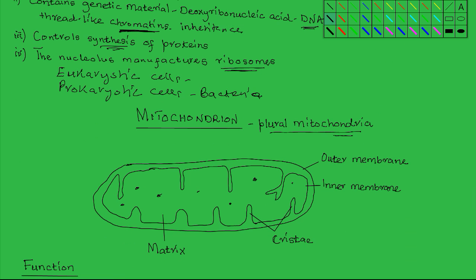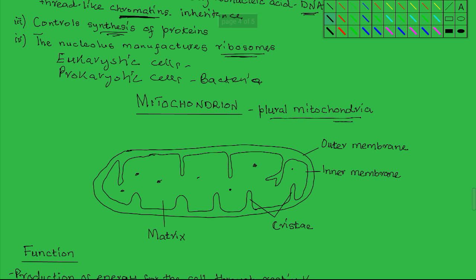The mitochondrion is an elongated, sausage-shaped organelle bound by a double membrane. So there is an outer membrane and the inner membrane. The outer membrane is smooth, while the inner membrane is highly folded to form projections known as cristae.